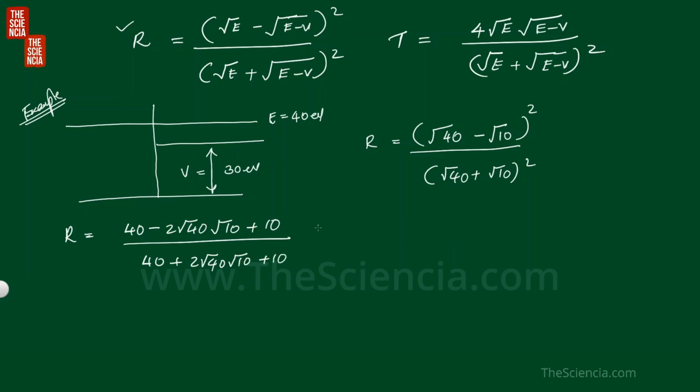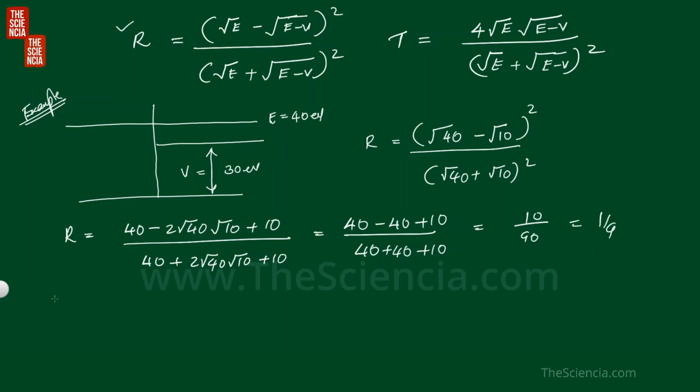So what will be the value? That is 40 minus 40 plus 10 by 40 plus 40 plus 10, so we got 10 by 90, that is 1 by 9.